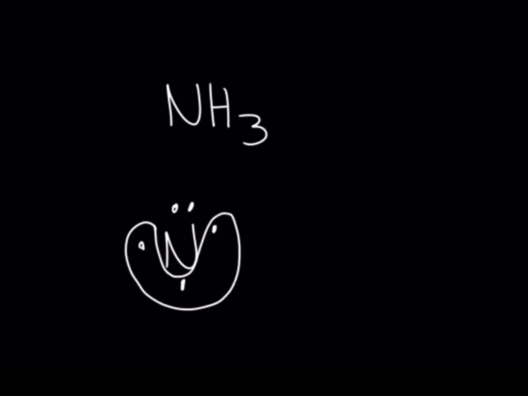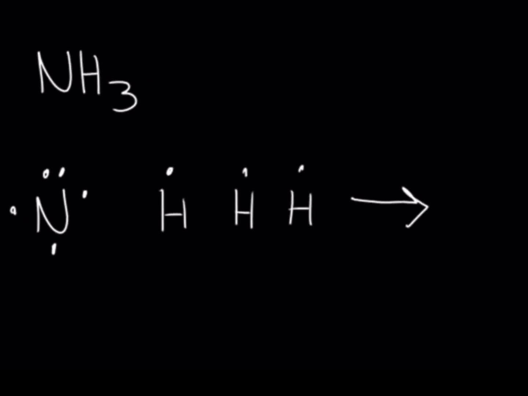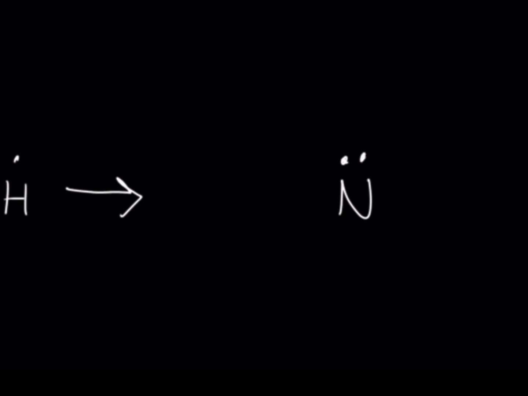Now, let's look at NH3. So nitrogen has 1, 2, 3, 4, 5 electrons. It has 3 lone pairs. Hydrogen has 1 valence electron. And what we're going to do with our Lewis structure is we're just going to mesh them together in a sense. So we'll take our nitrogen and we'll add all the valence electrons.